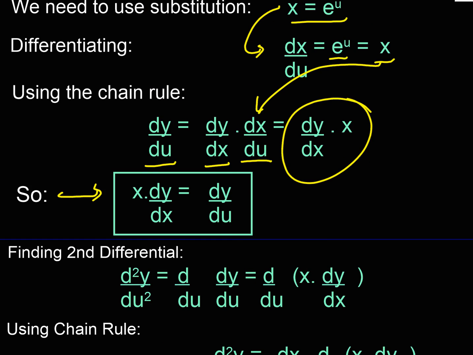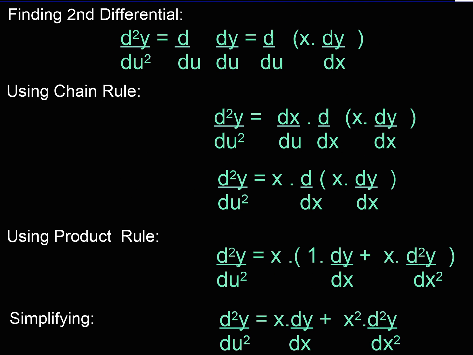The second one I need to do is a transform of d2y by dx squared. So let's start with d2y by du squared. Well, that's differentiating dy by du. We've already worked out what that is.